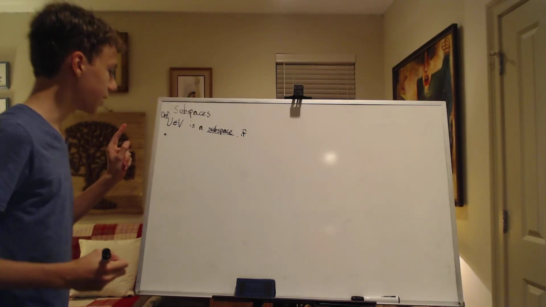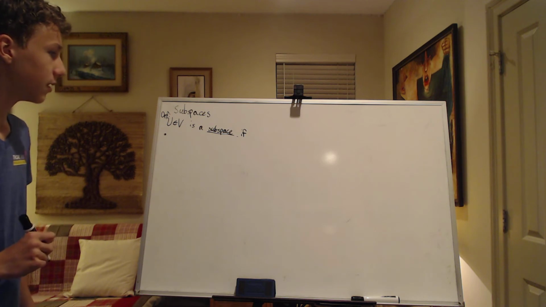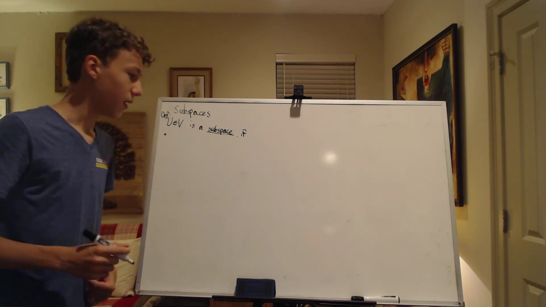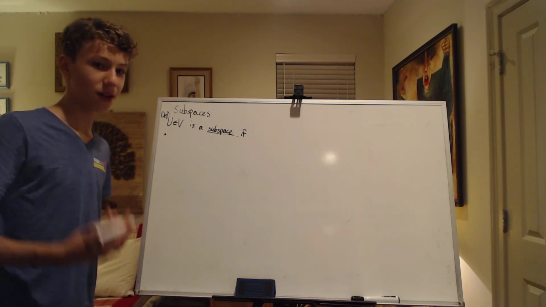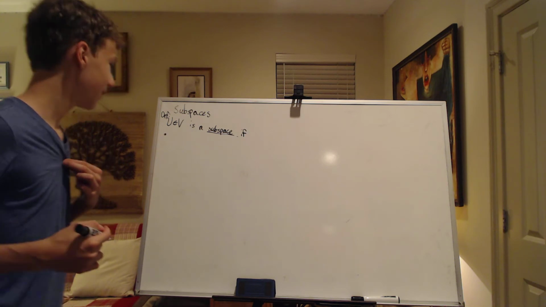That is, I guess in words, a subspace of a vector space V is a subset of a vector space that is also a vector space. That's really all it is.